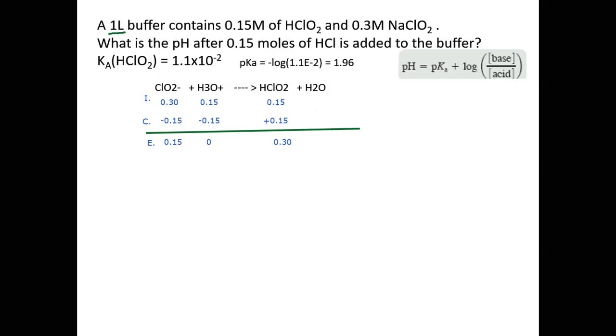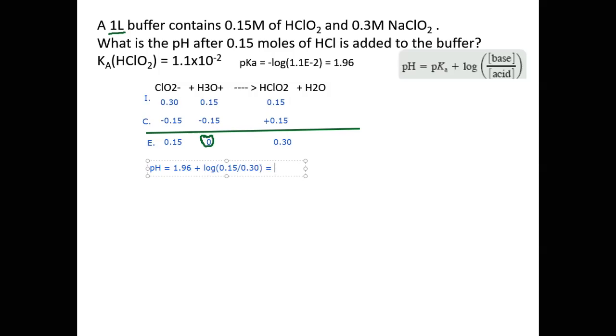So notice again here that all the strong acid gets consumed. So our buffer is not destroyed. So since this is 1 liter, this equals the concentration. So we have pH equals 1.96 plus log of weak base divided by weak acid.